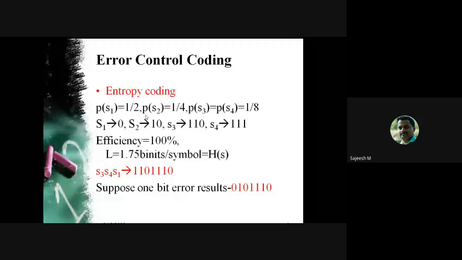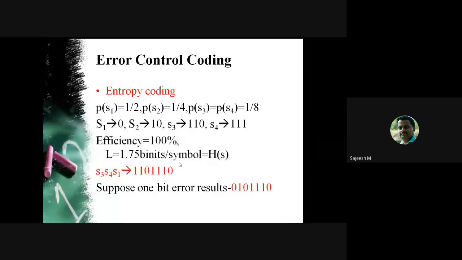Once the probabilities of symbols are given, we are able to generate the code and calculate the efficiency. Then consider that the transmitted symbols are S3, S4, S1 through the channel.